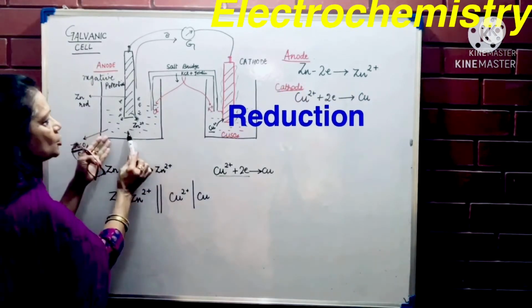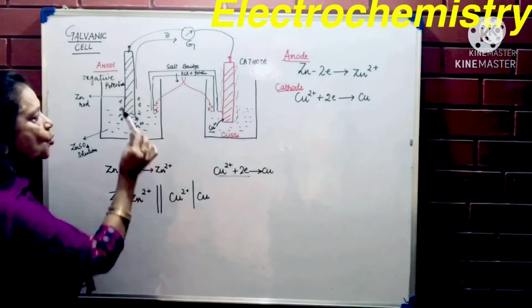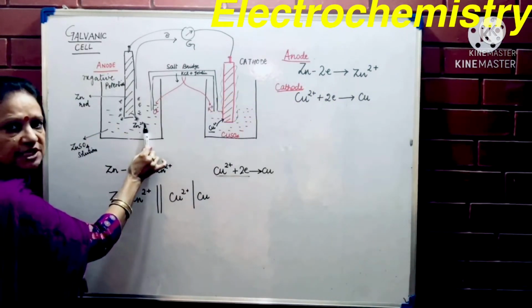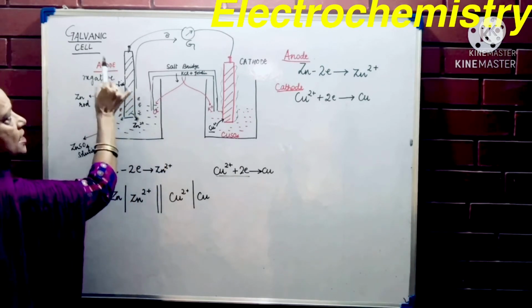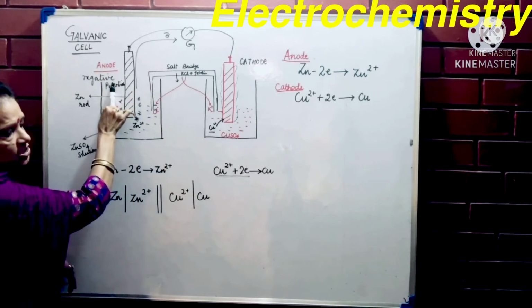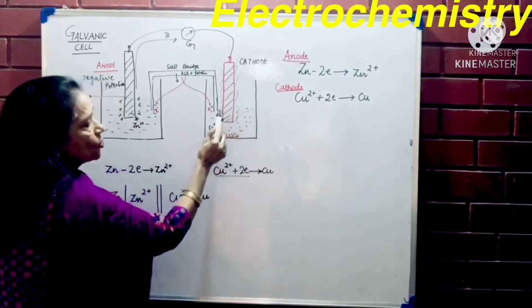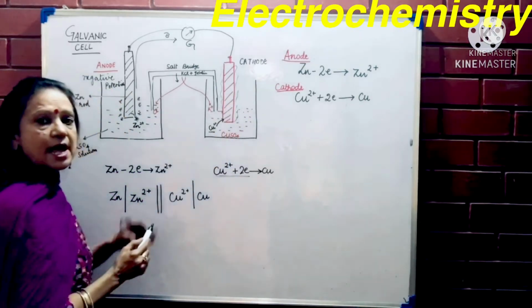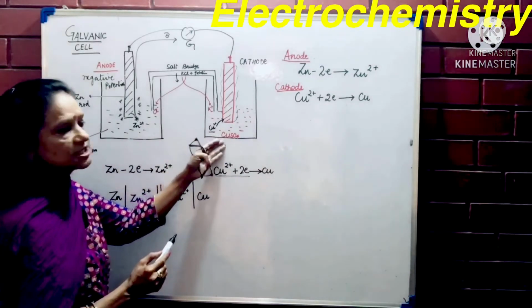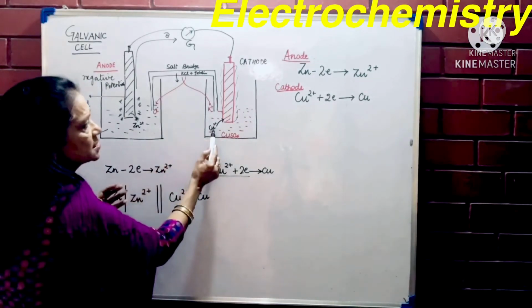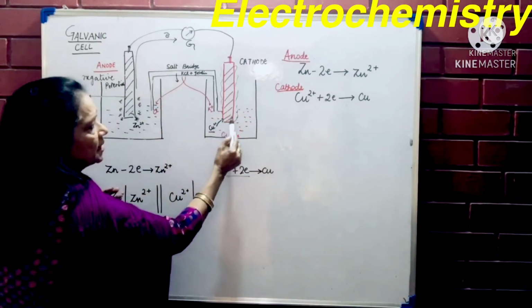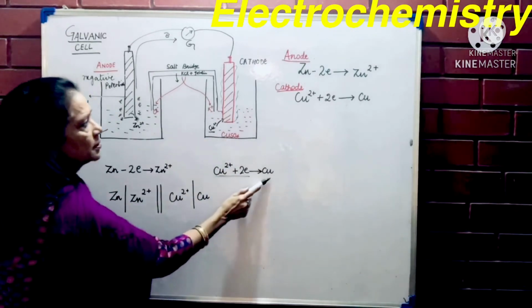So there are two half cells here. One half cell shows oxidation, which is the anode, and the anode is at negative potential. Whereas this part is the cathode. The cathode is gaining mass and is at positive potential, because it is gaining electrons to become neutral copper.